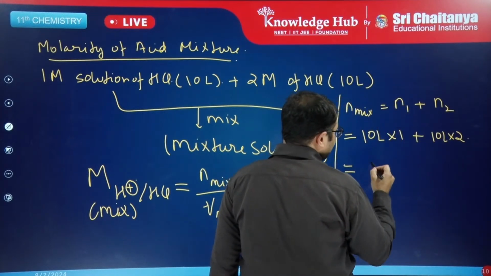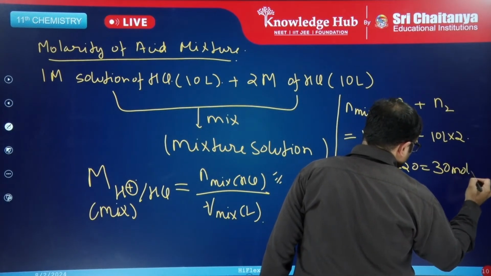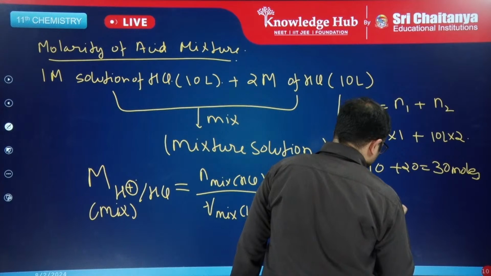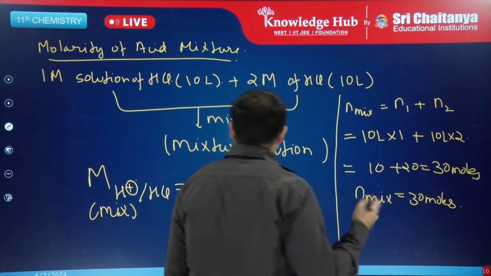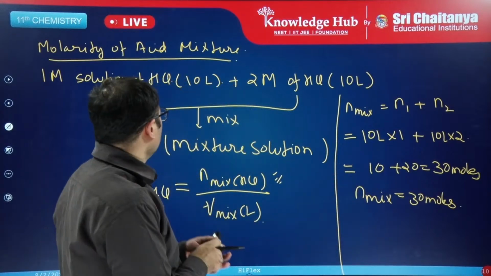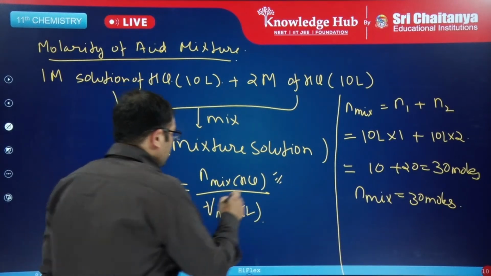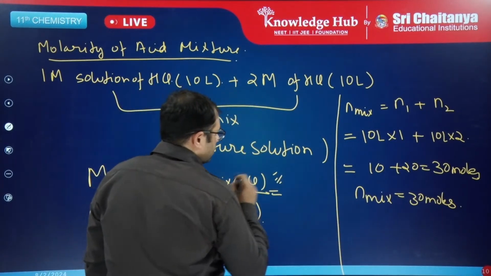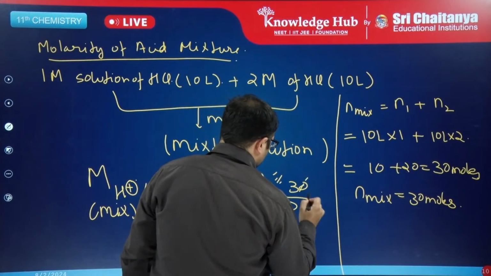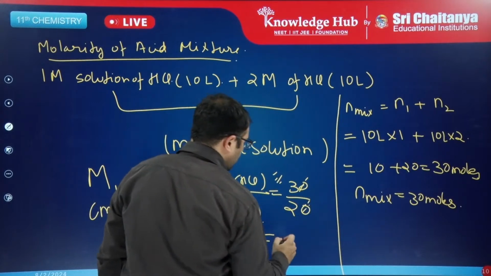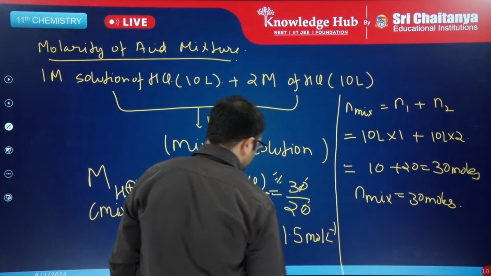So total moles will be 10 plus 20 equals 30 moles. So n mixture is 30 moles. And what is the total volume? You mix 10 liters with 10 liters, the total volume is 20 liters. So this will be 30 by 20. The answer will be 1.5 moles per liter.